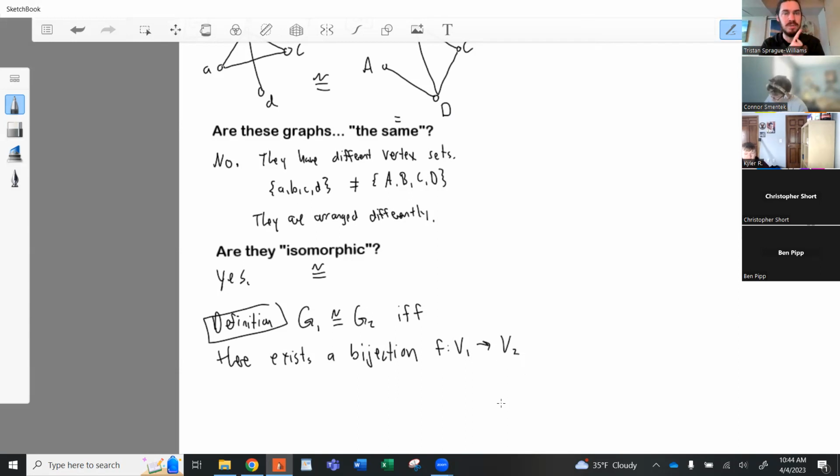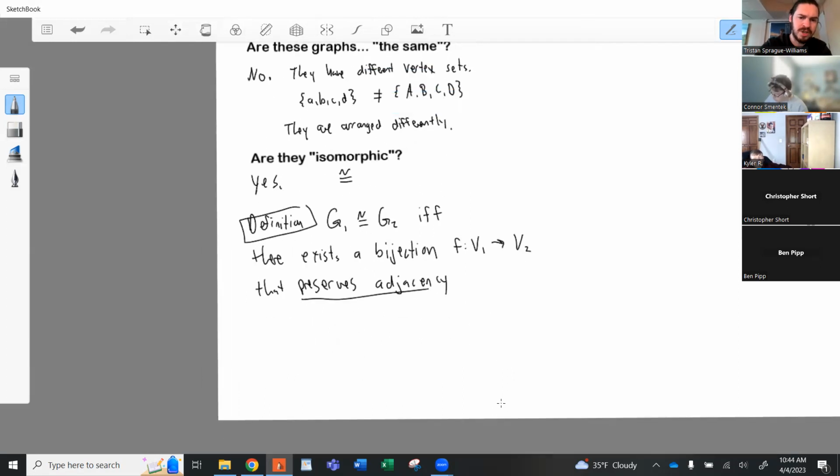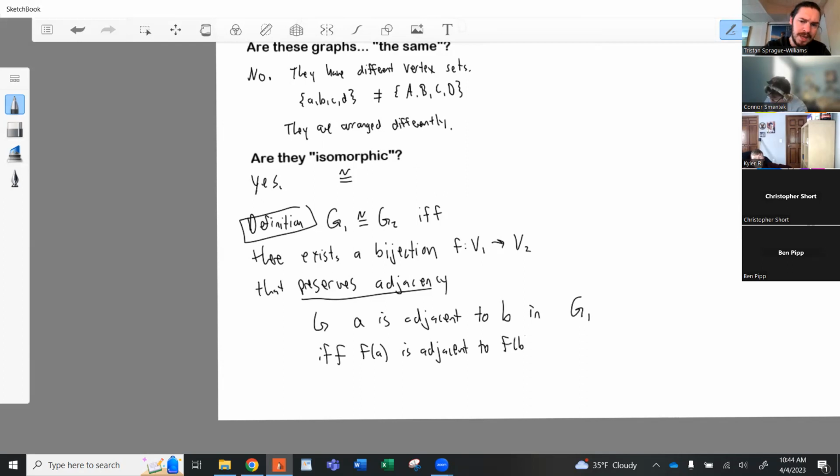So there's a bijection between the vertex sets that preserves adjacency, which means that A is adjacent to B in the first graph, G1, if and only if F of A is adjacent to F of B in the second graph.